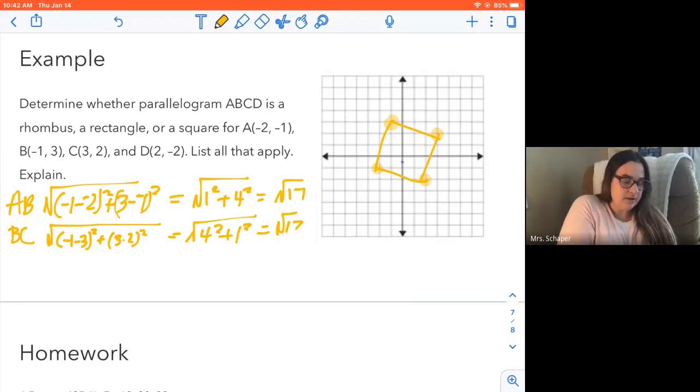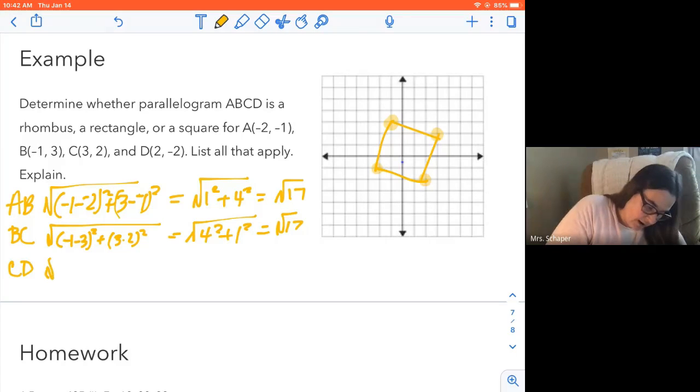Let's look at the next one. CD, we've got the square root of (3 minus 2) squared plus (2 minus -2) squared, which is the square root of 1 squared plus 4 squared.